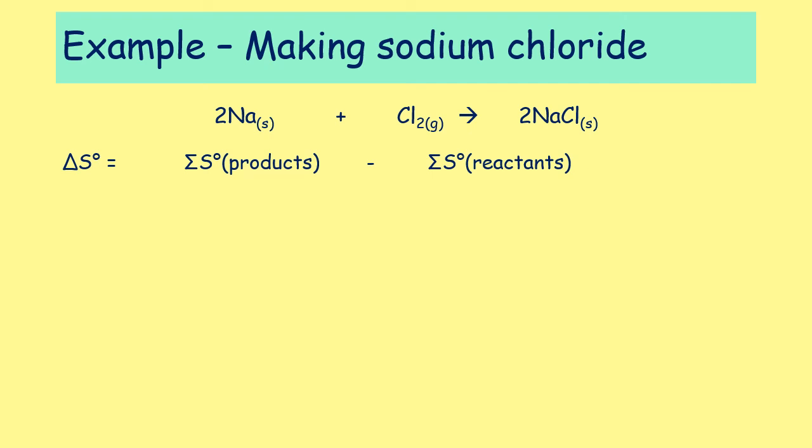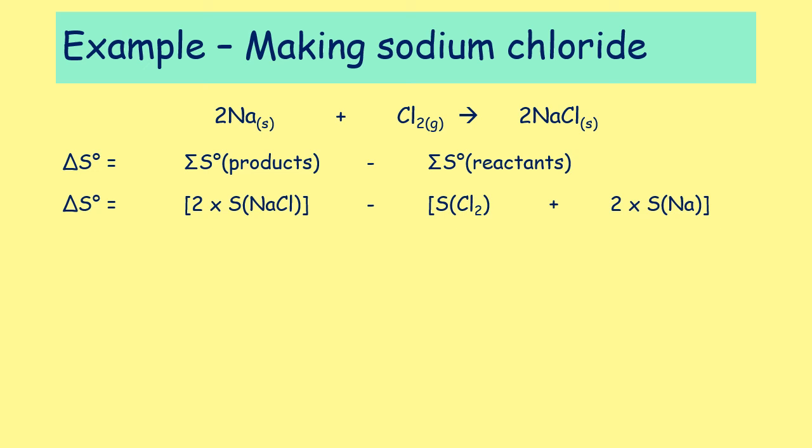Now, we have the expression: entropy change is equal to the entropy of your products minus the entropy of your reactants. Now remember, if you have stoichiometry, you multiply the standard entropy by the stoichiometry.